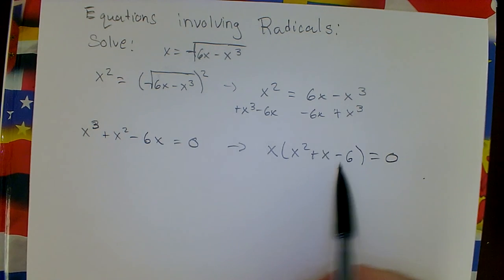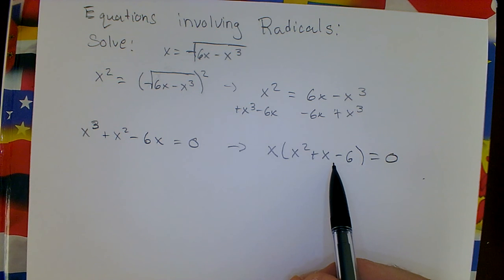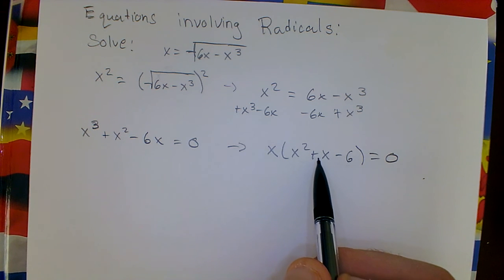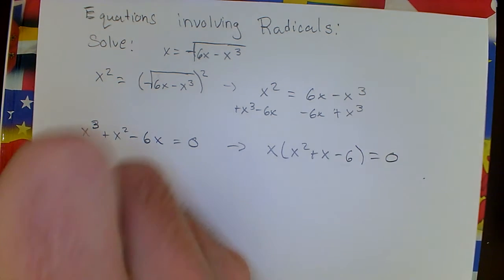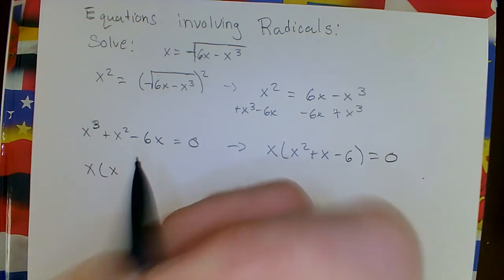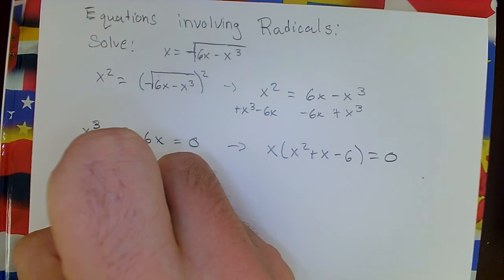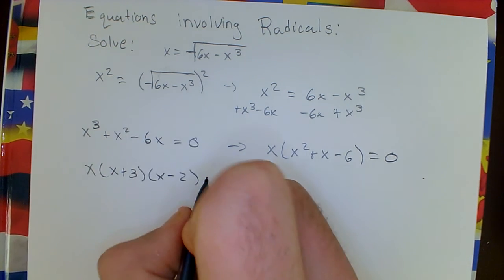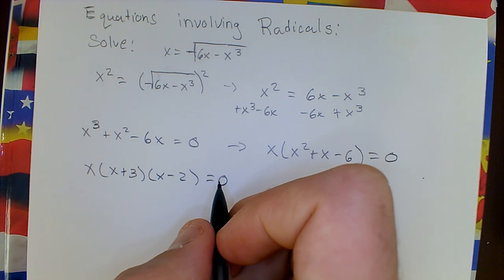This term is done, but we need to factor this one. It's the same thing we saw in the other example: adding up to positive 1, but multiplying to negative 6. So this is x times x plus 3 times x minus 2 equals 0.